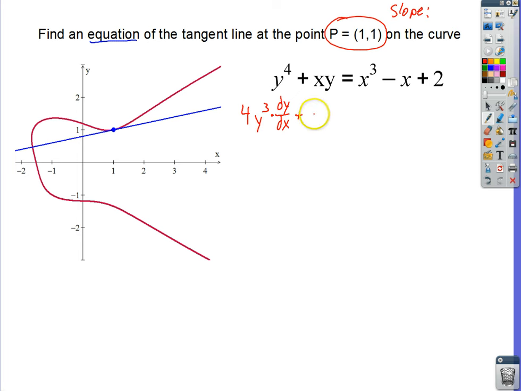So leave the first one alone. X, take the derivative of y. Well, the derivative of y is dy dx. And then I want to go ahead and add, take the derivative of x, 1, times y, is equal to, take the derivative of this, that's easier to do, 3x squared minus 1.